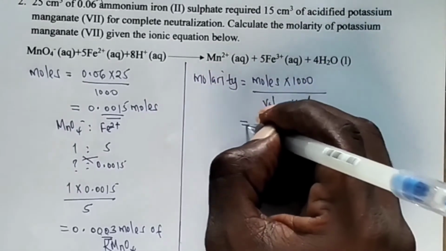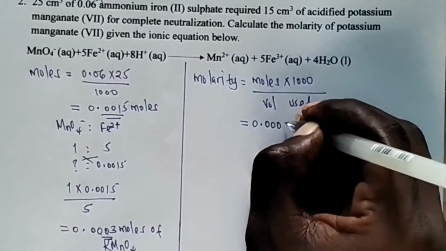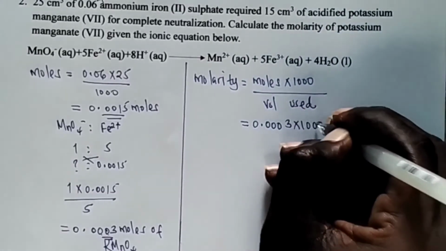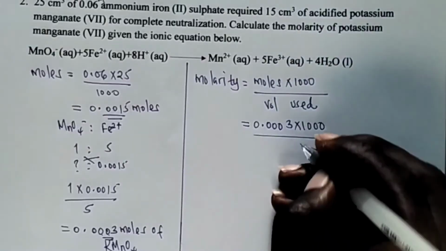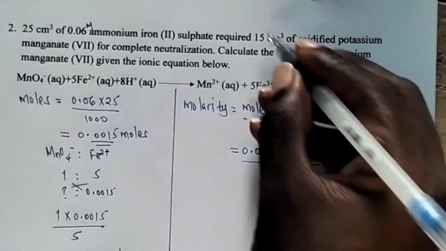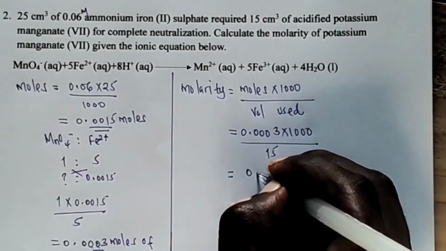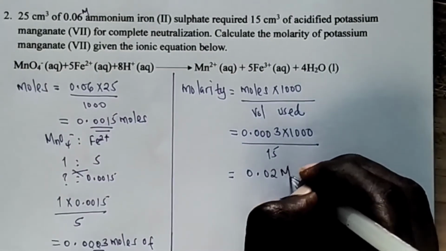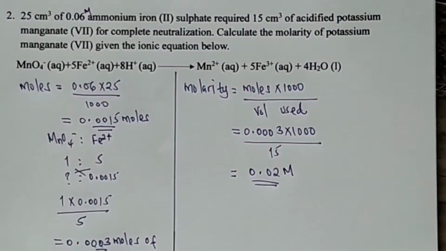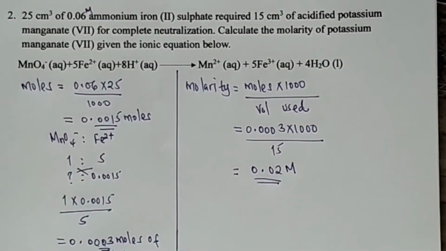So the moles is 0.0003 multiplied by 1000 divided by 15, which is given in the question, 15 centimeter cube of acidified. So if we put this in the calculator, we're going to get 0.02 as our molarity. That will be how we are going to do for question number 2.